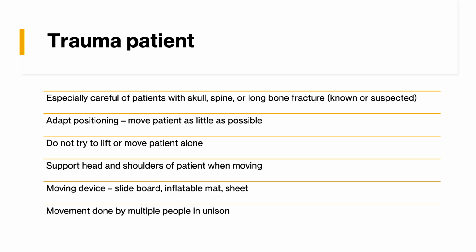Long bone fractures are the same way. So if you suspect a femur's fractured, you don't want to start kind of torquing their body to put them in the correct position. Sometimes, a true AP or lateral or whatever type of imaging procedure you're trying to do is not possible. So you'll have to do the best with what you've got, essentially. So in that way, like I said, you'll have to adapt your positioning.